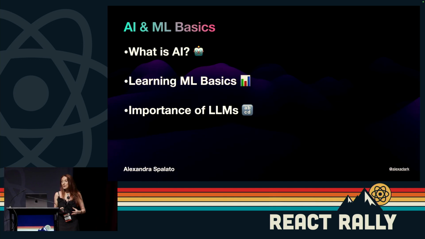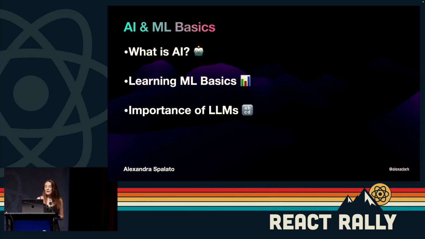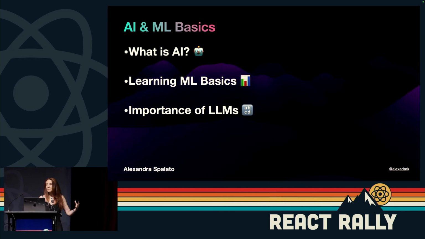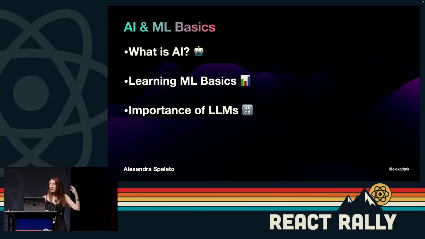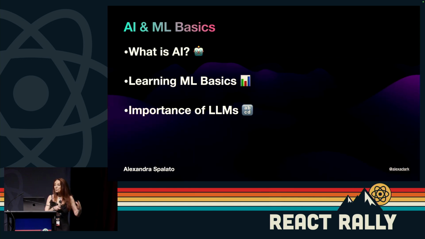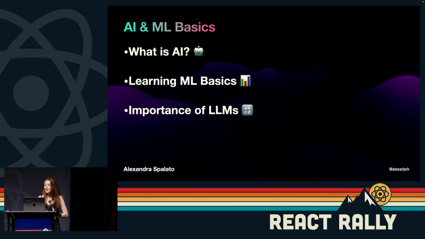So first, let's get the basics down. AI is a big umbrella, as I said, where all the tech that makes machines act like they have a brain. So we have machine learning, which is a part of AI where computers learn from data. Instead of telling them every step, they get better at their task by themselves, learning from examples.